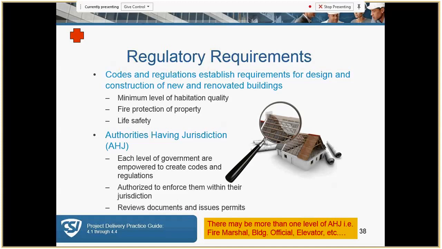So codes and regulations establish requirements for design and construction of new and renovated buildings. So it's a minimum level of habitation. And again, that's the other thing to keep in mind, that this is the minimum level. It's the fire protection of property and it's life safety.